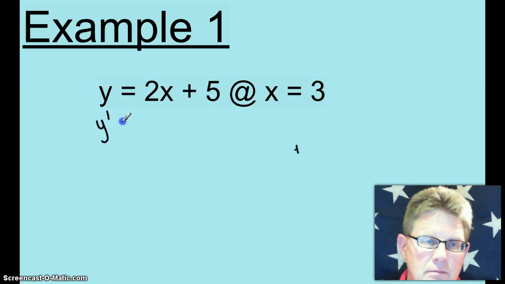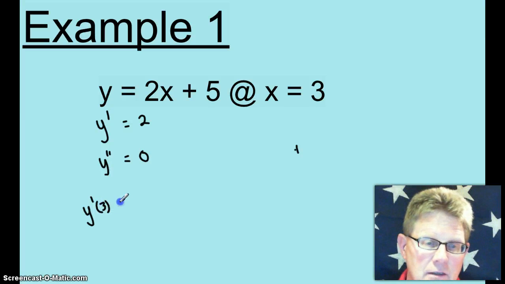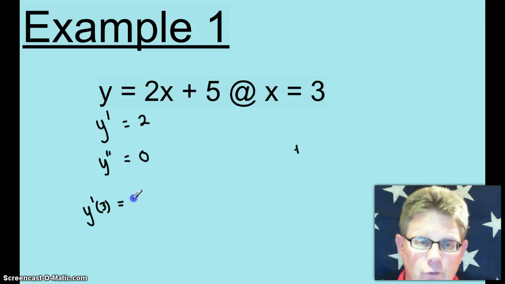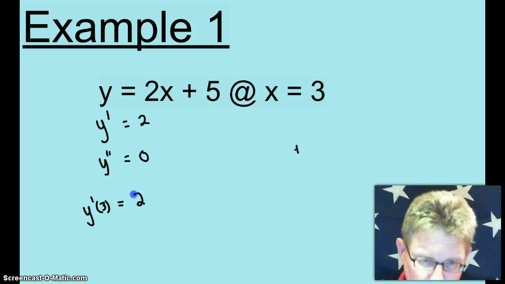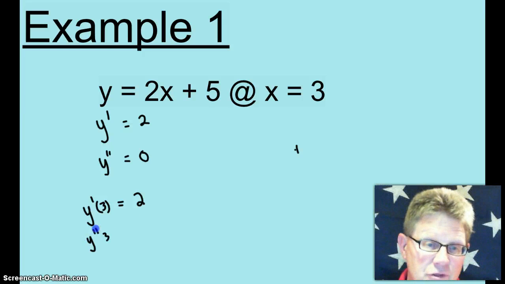Alright, so y prime equals 2. Y double prime equals 0. So y prime of 3, replace each instance of x with a 3, 2, because there are no x's to replace, and y double prime of 3 equals 0.